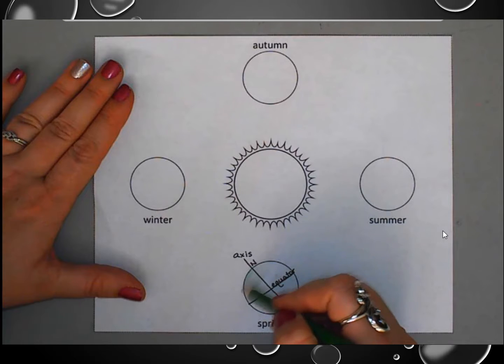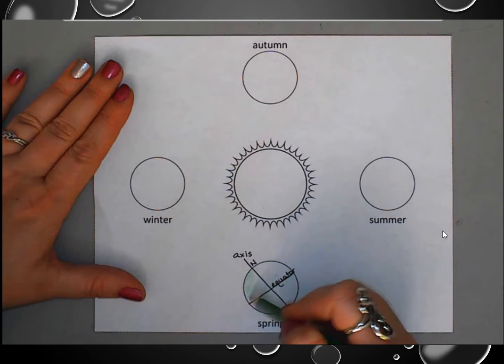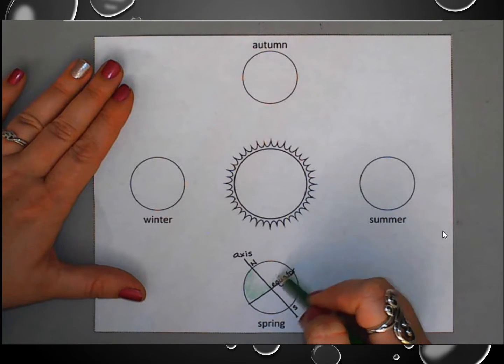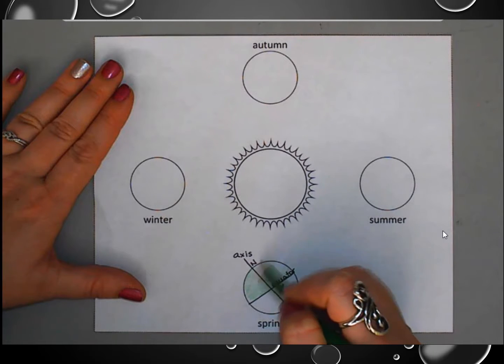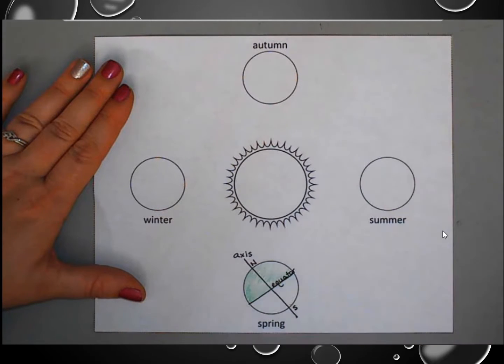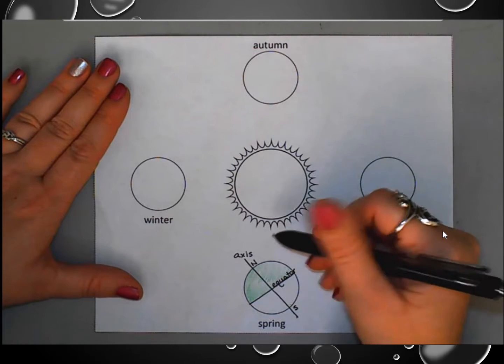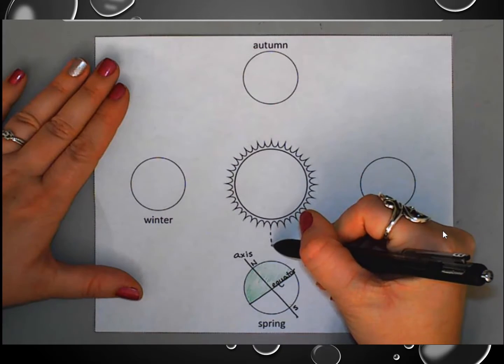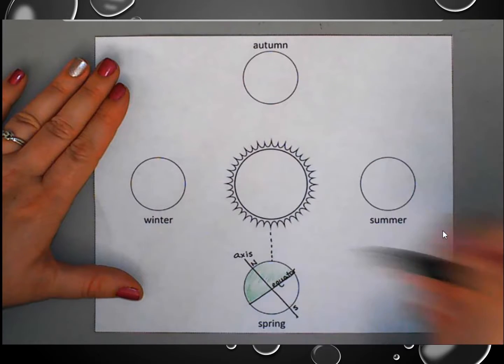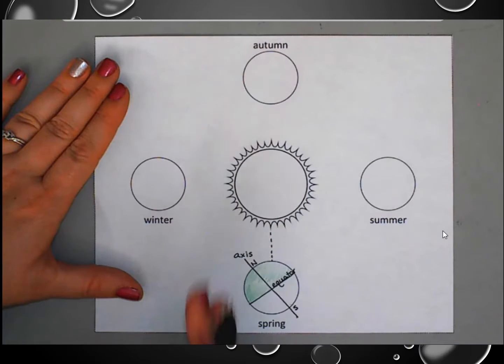I want you to color the top half, the top hemisphere, the northern hemisphere, green for spring. And I want you to draw this dotted line from the sun.